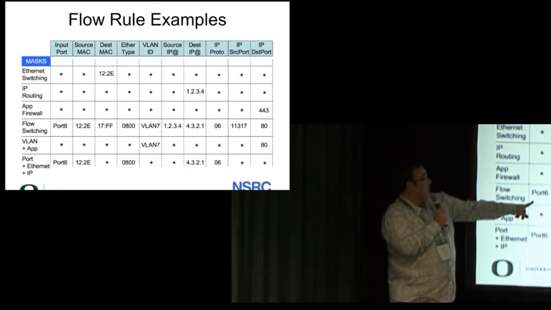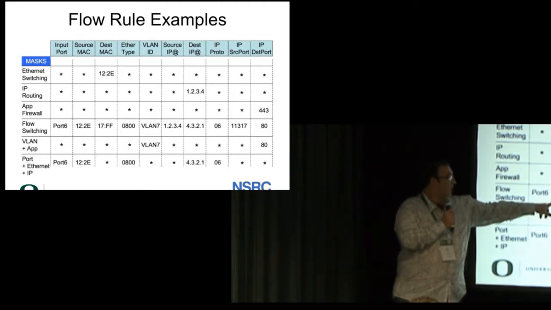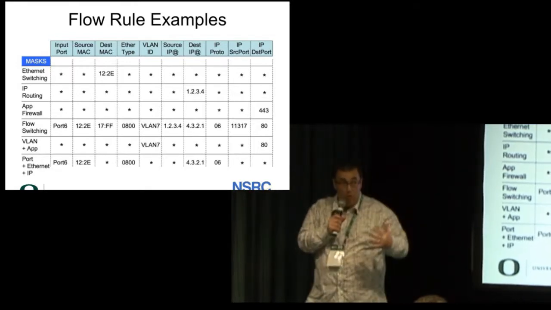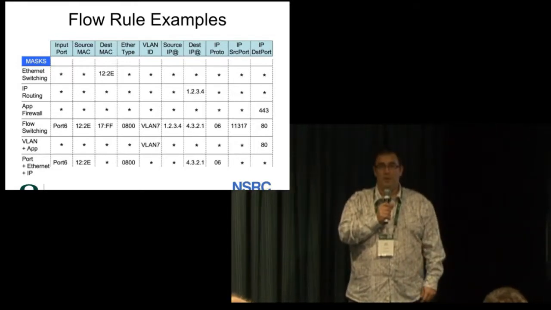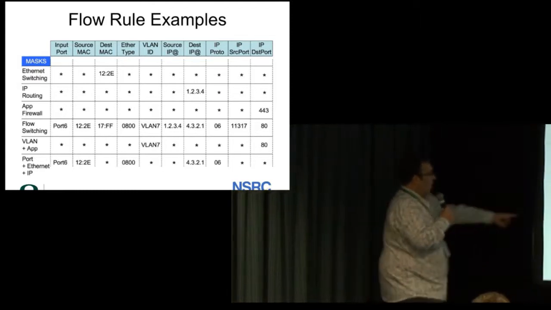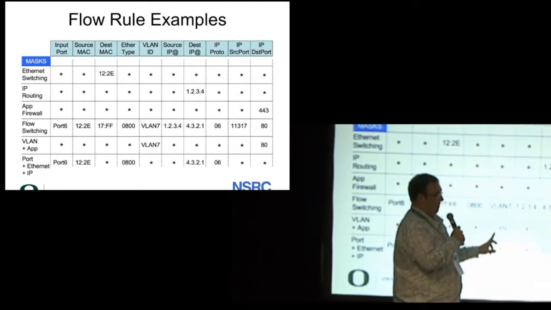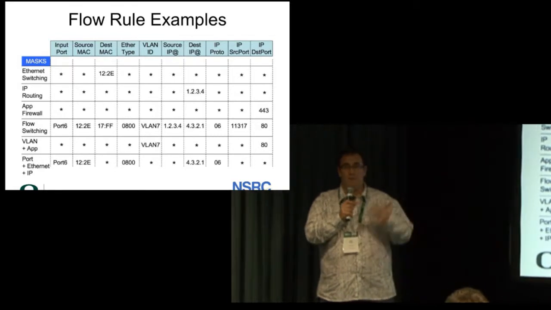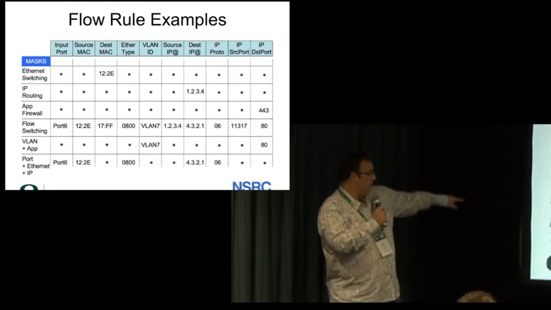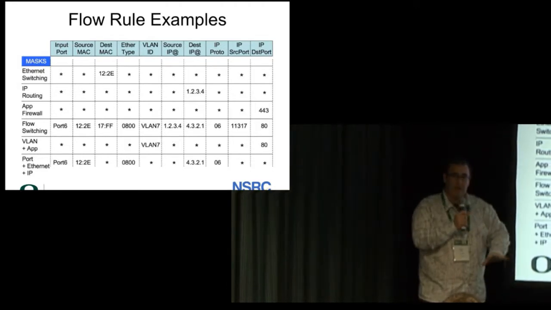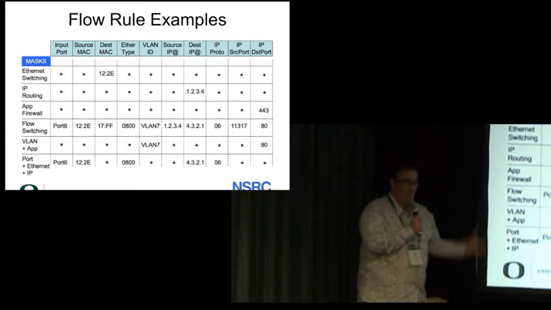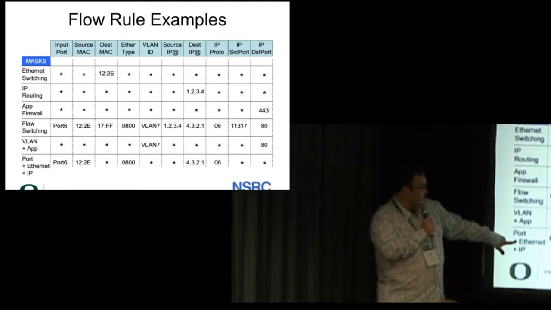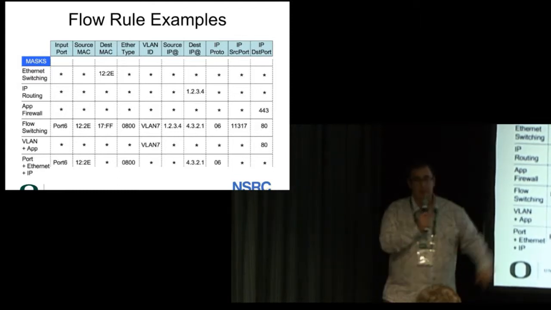I get some stuff here at layer 1, input ports, stuff here at layer 2, layer 3, layer 4, and I'm just going to match all of it and assign an action in one step. Okay? Or I'm going to do some stuff here at layer 2.5 and layer 4, and that's what I'm interested in. And I'm going to develop a whole set of software which develops these rules and pushes them into my data plane that look like that for some weird reason. Here's another one, incoming port plus Ethernet source address plus an ether type and something about the IP.